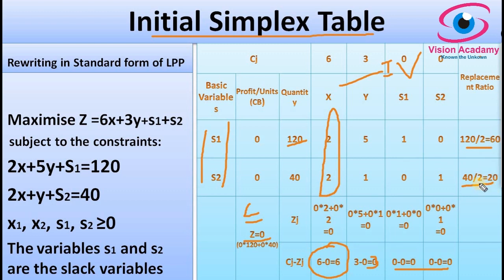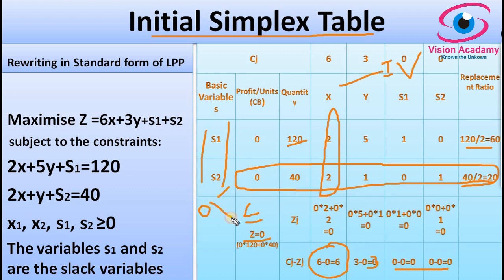Now among these two replacement ratios, we have to select the least positive value. In S2 we get the least positive value. So the row corresponding to the least positive value will be the outgoing variable. Then we found the incoming variable and the outgoing variable. To make the row operations and the identity matrix, we also need to find the key element.